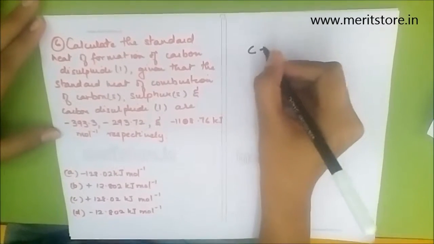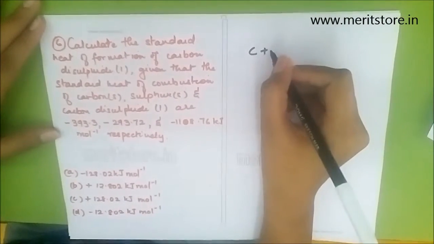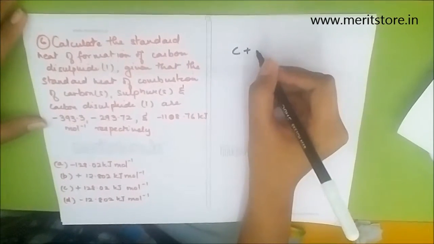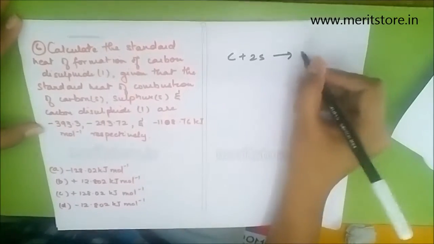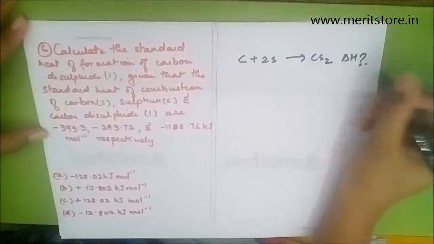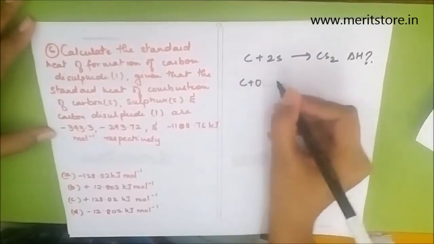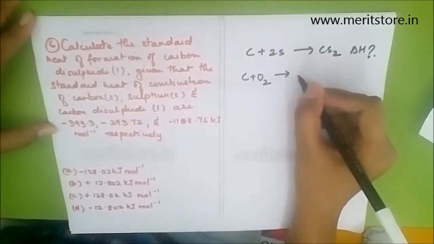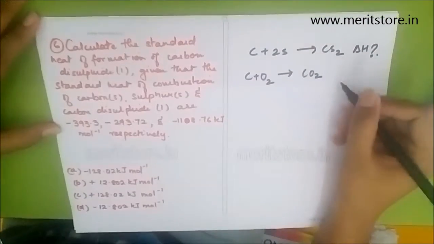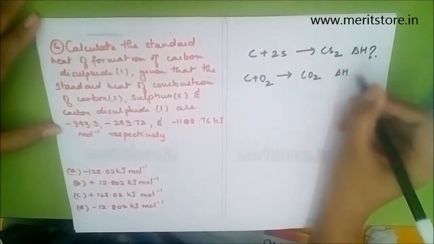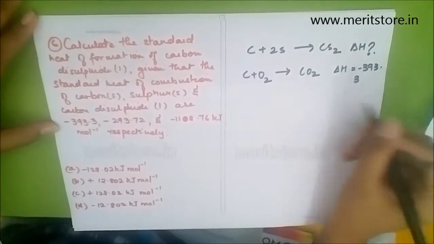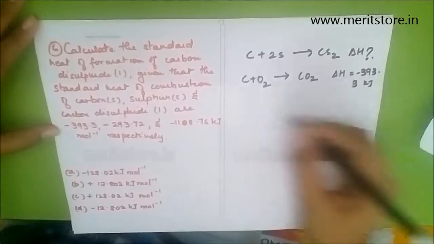So we need to find out the heat of formation for carbon disulfide, which goes on from the following reaction. Now the formation takes place through various steps. That is, first the formation of carbon dioxide, where the change in enthalpy is minus 393.3 kilojoules.